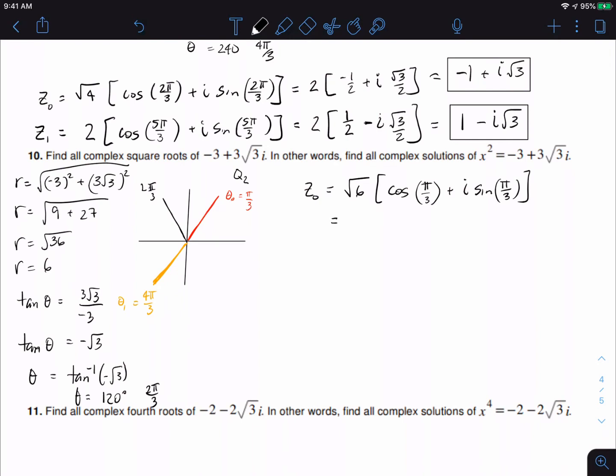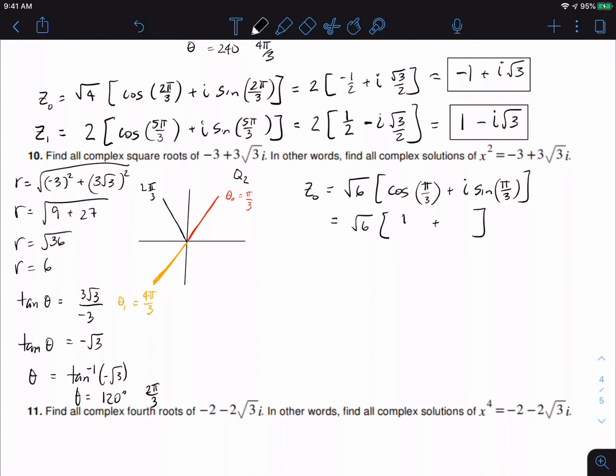So that's going to equal the square root of 6. And then pi over 3, we already know what those are, right? It was 1/2 and radical 3 over 2.